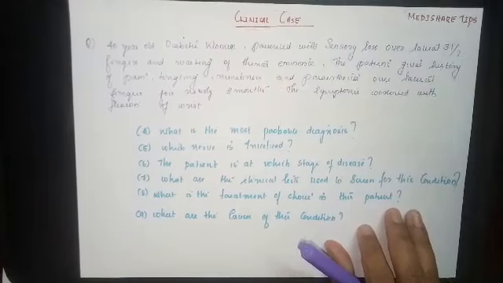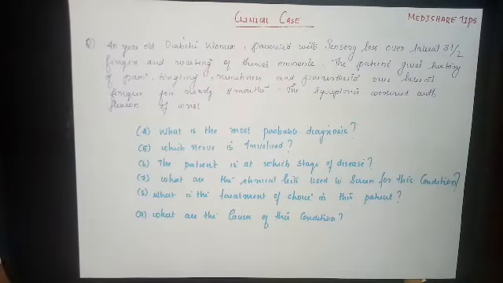Now we will be discussing a clinical question and some MCQs for this part. Here we are discussing our clinical case. The clinical case is a 40-year-old diabetic woman presented with sensory loss over the lateral 3.5 fingers and wasting of thenar eminence.